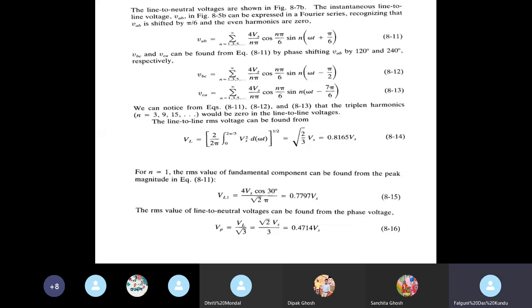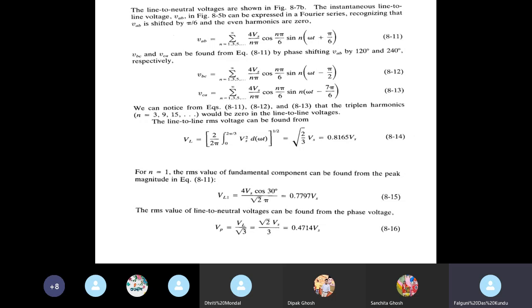Then the line-to-line RMS voltage. The formula is the square root of 2 by 2 pi, integration from 0 to 2 pi by 3 of V square d omega t. After calculation, we get VL equals 0.8165 Vs. Now for n equals 1, we get the RMS value of the fundamental component, VL1, which equals 4 Vs cos 30 degrees by root 2 pi.